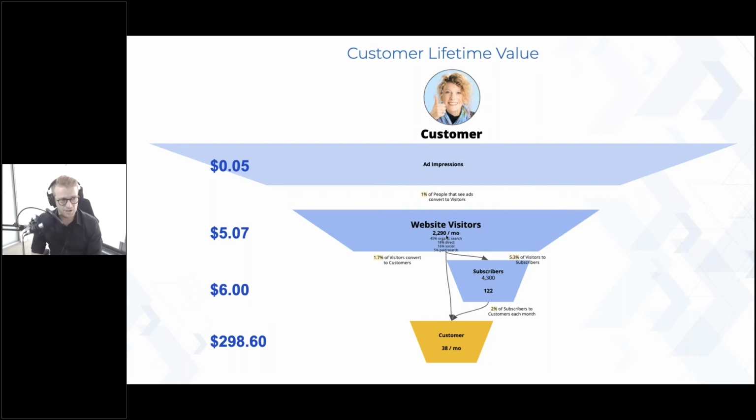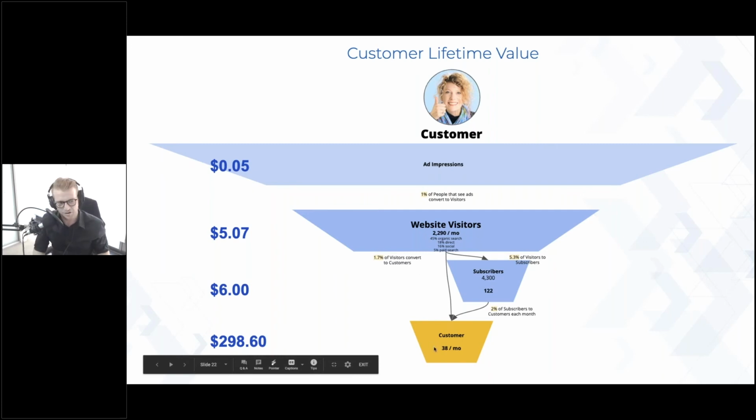What he has got is really great web traffic, 45% organic search. So half of the people that go to his website every month are just looking for it naturally, and they find it. And then out of that, 1.7% convert. So last month he had 38 people convert into paying customers.